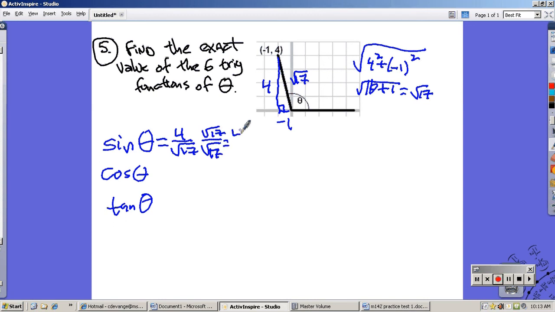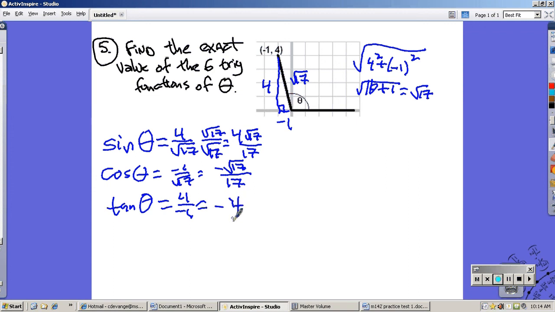So I get 4 root 17 over 17. Cosine is x over r, -1 over root 17. If I rationalize that, that's going to be negative root 17 over 17. And then tangent is just y over x, so 4 over -1 equals -4.